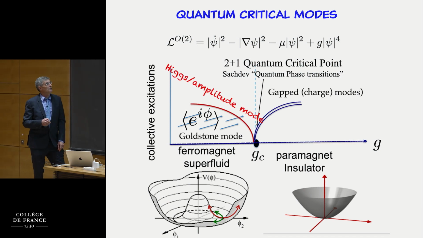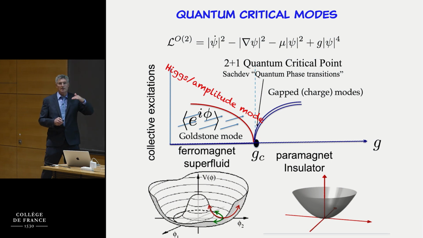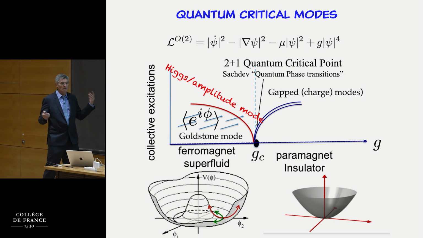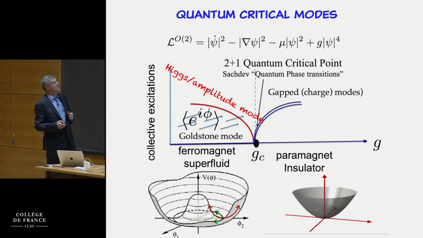So the amplitude mode is expected to go soft and become a critical mode, and therefore more visible, because the softer the amplitude mode, the less room it has to decay into particle-hole or other modes or phonons and so on. So this is how it's supposed to behave close to the critical point. And these are two charge modes. If you ask about the number of modes, they are conserved.